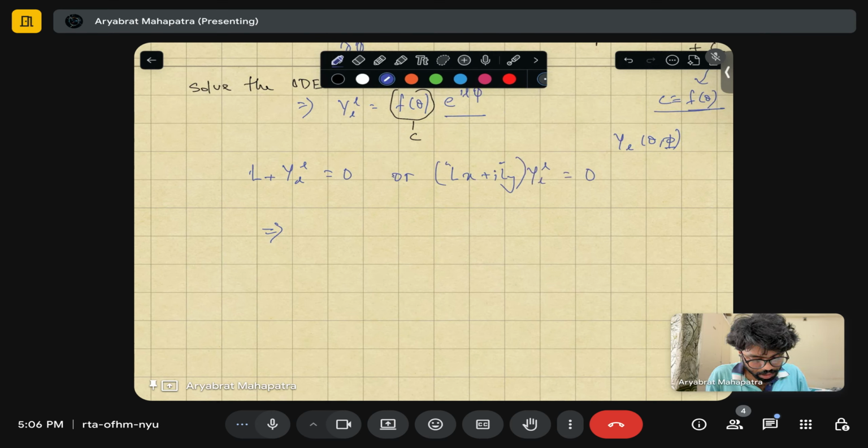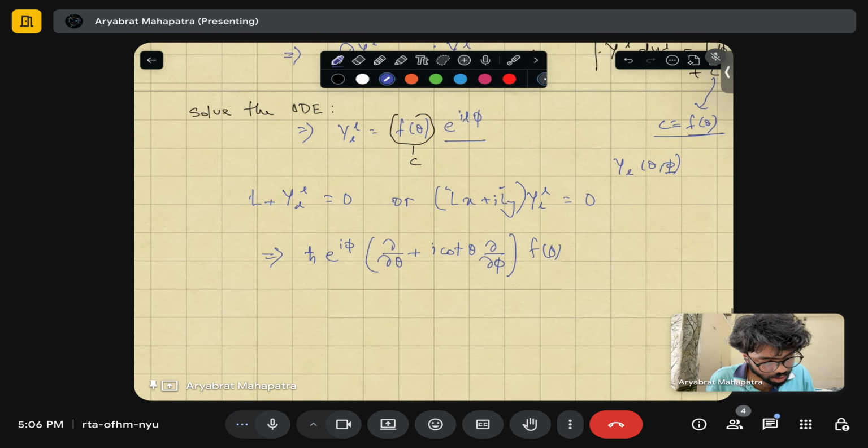So that means h bar e to the i phi, del by del theta is i cot theta del by del phi, acting on f of theta.